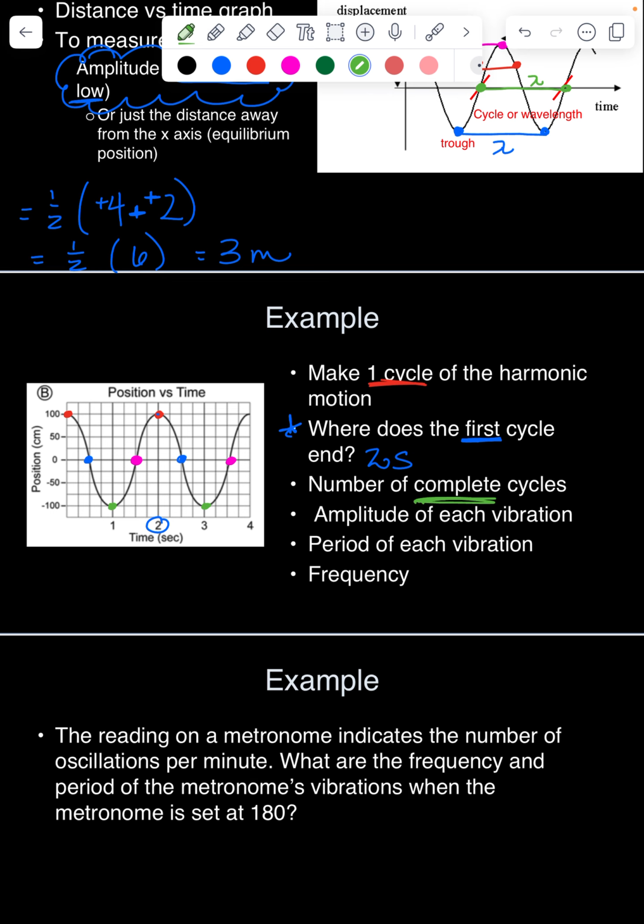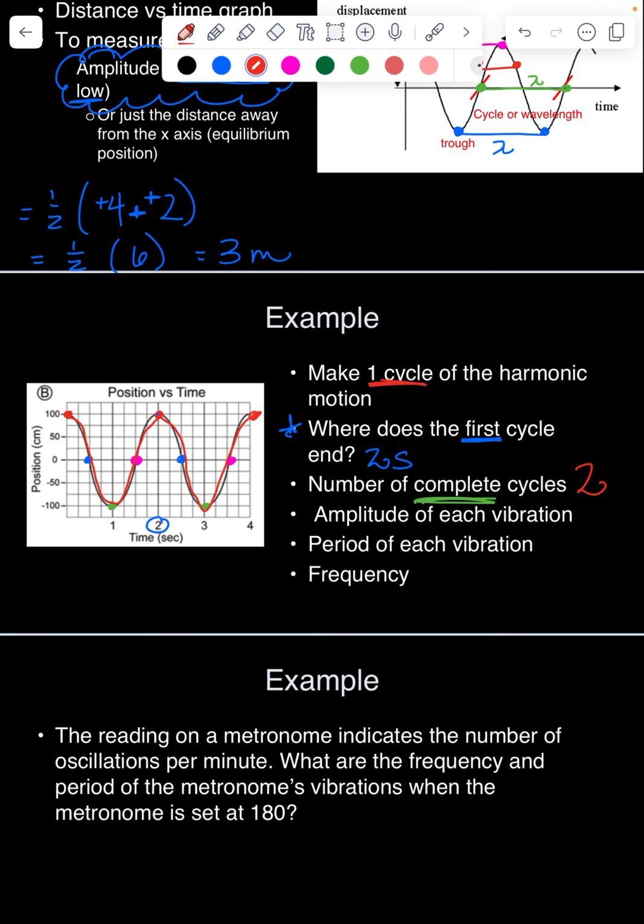Well, I have a crest to start off with, so I follow that. That is one wave or one cycle. And then I have another wave or another cycle. So I have 2 complete cycles happening here.